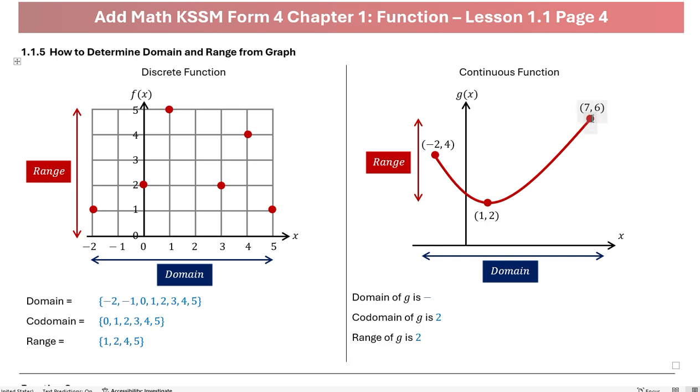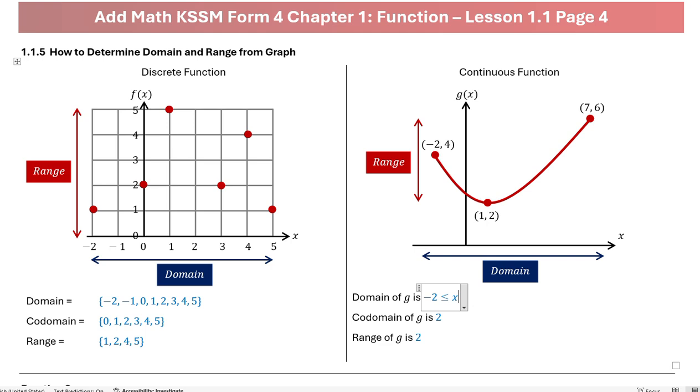And also a dotted line here, here will be 6 and 7. So the horizontal area covered by the graph, the leftmost is -2. This is how you write domain for continuous function. Domain usually refers to x. And the rightmost is 6.